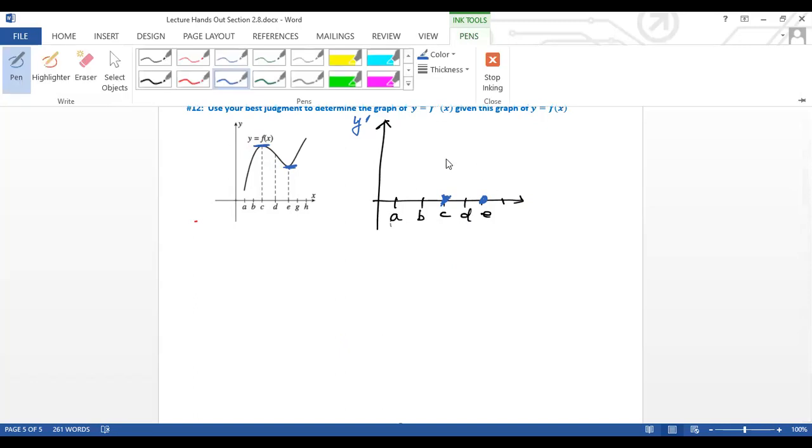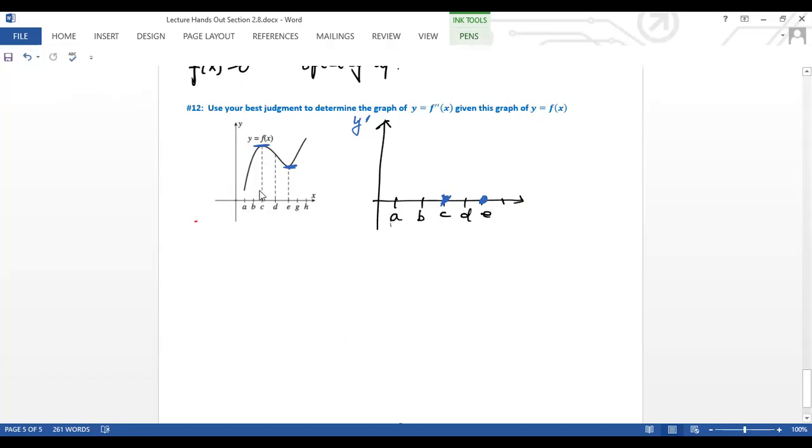Okay, so now take a look here. How do you do the other parts? Those are the tangent lines here. On the left-hand side of the C, all your tangent lines go up, so what is the slope? It's positive, am I right?